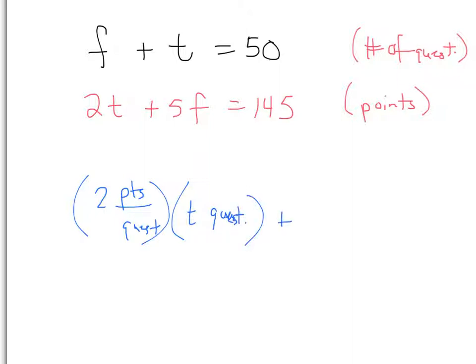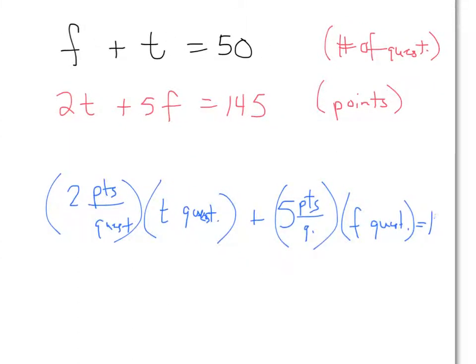Now, plus 5 points per question times f questions equals 145 points. So what you'll notice is this.